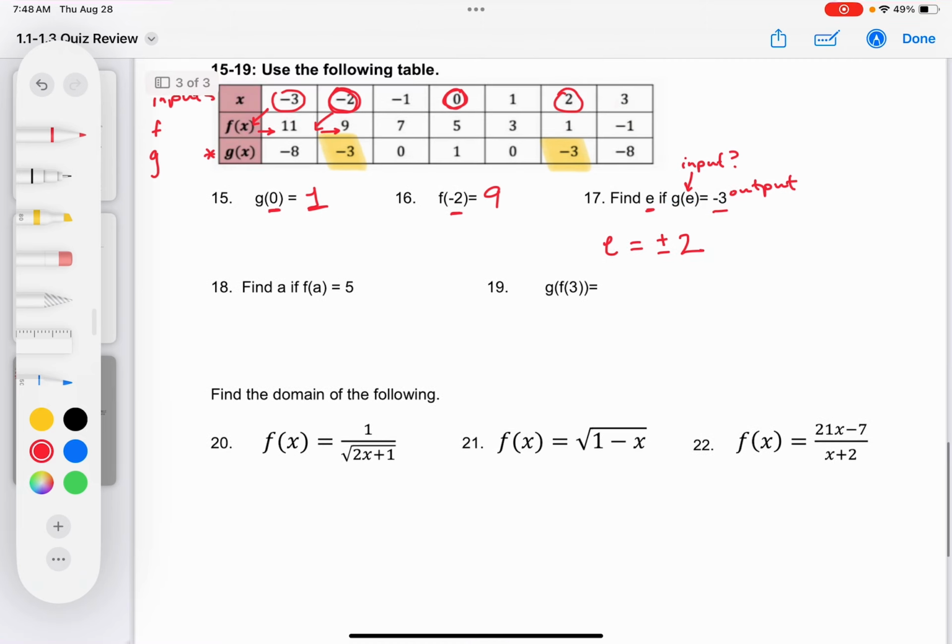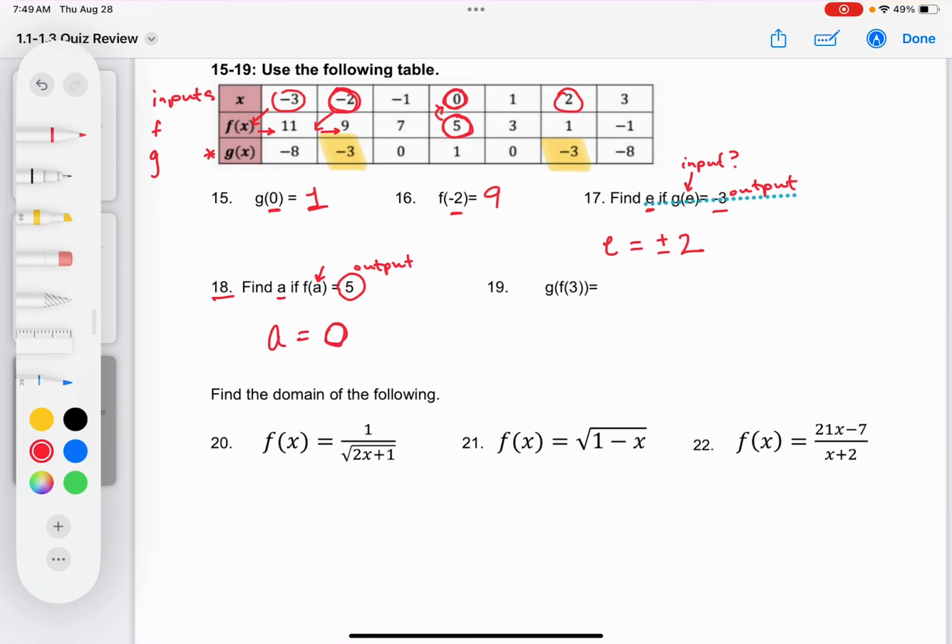There's still 2 more right here. 18, it says find A, so your input, if your output is 5. Similar to question 17, we're going to go up to row F and find where it equals 5. And what did I put into the function to get there? So A would equal 0.